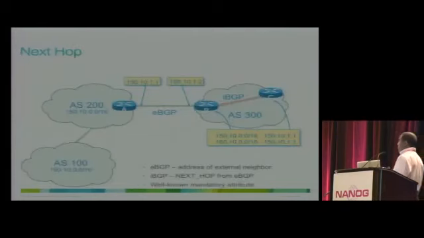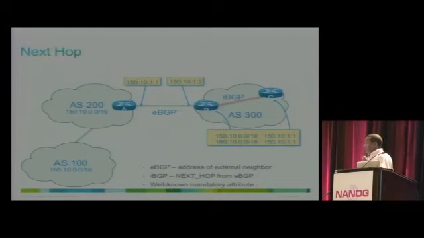Another important and mandatory, well-known BGP attribute is next hop. The next hop is the IP address that will be used to forward traffic for that particular BGP prefix. If it is an eBGP peering, the peer address is the next hop by default.